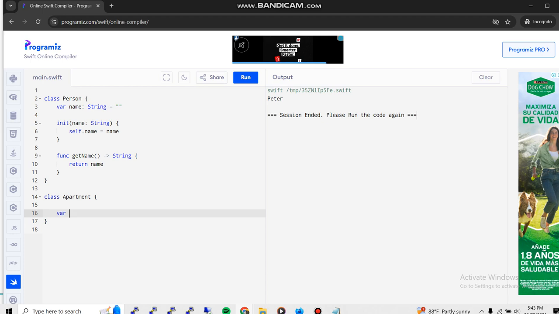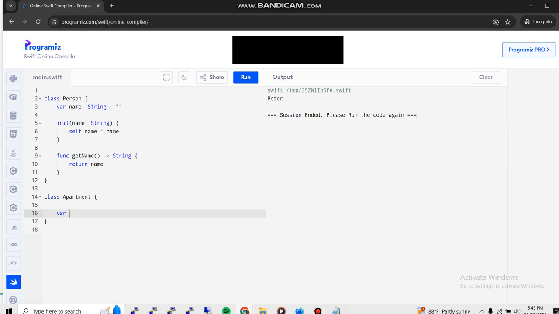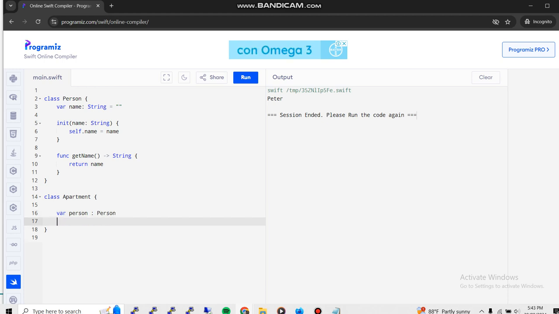We can put some person here, like a person, if it's used or occupied by one person. And we can also specify the address, and we are going to initialize like this, right?